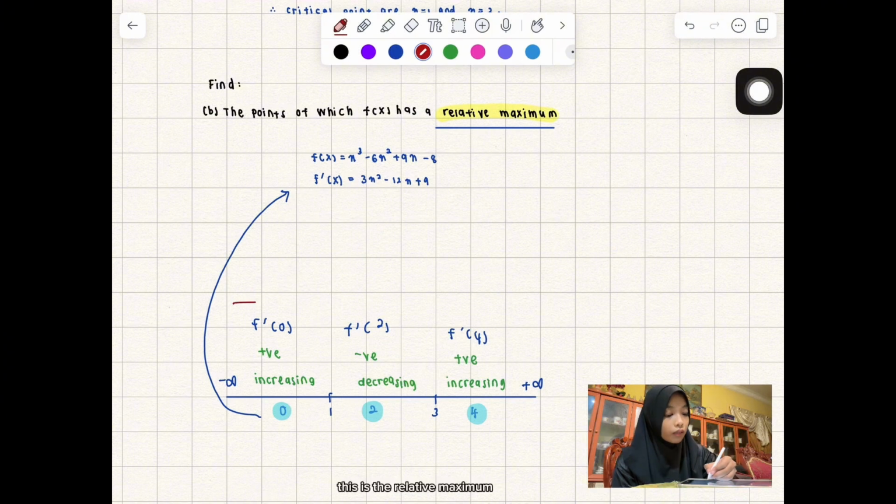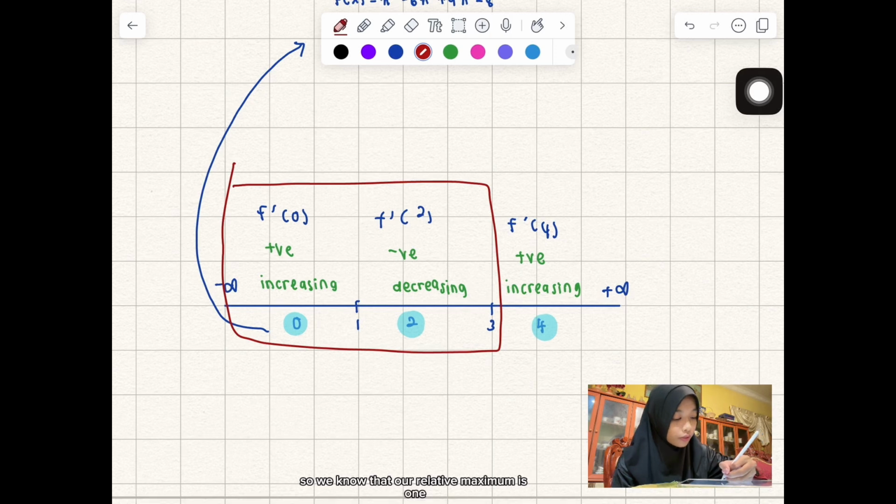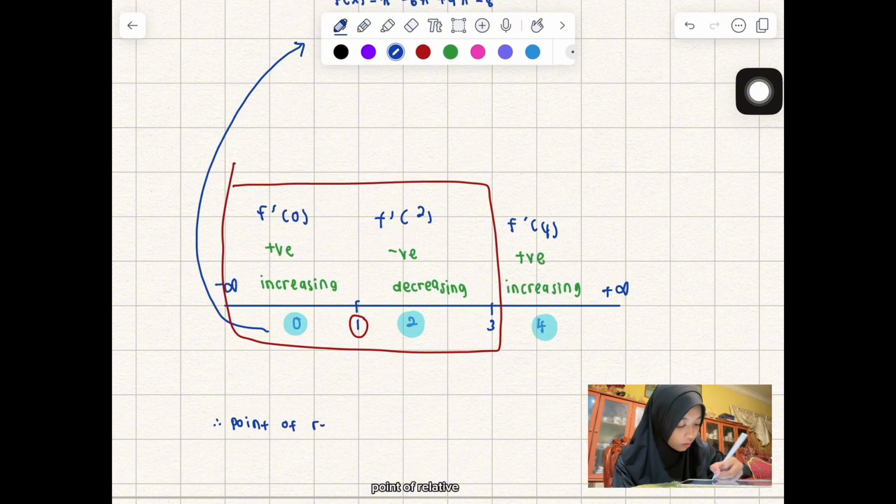So here we look, this is the relative maximum, and we know that our relative maximum is at x equal to 1. To conclude, for the point of relative maximum, we get our x is 1.